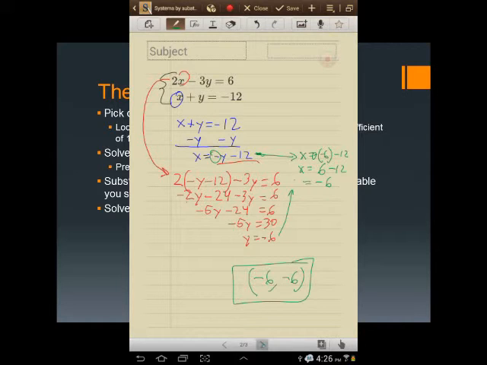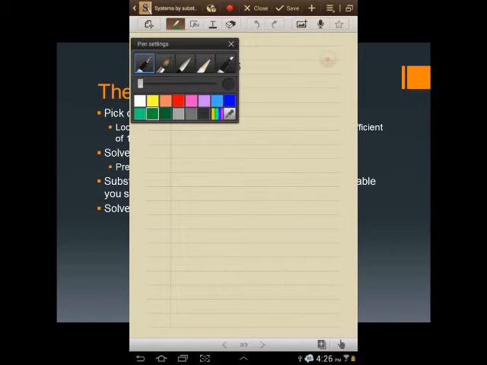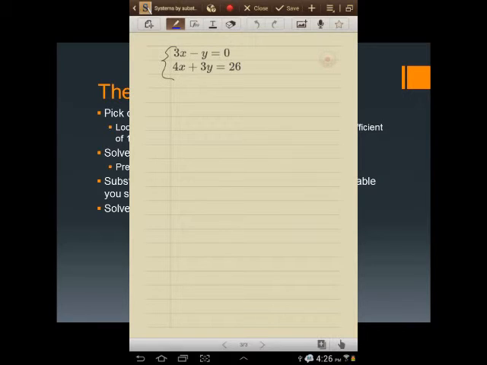One more time. I'll give you a little pause here. Look those over. Which equation are we going to solve for which variable? If I were doing this, which I am about to, that's the equation I would pick.